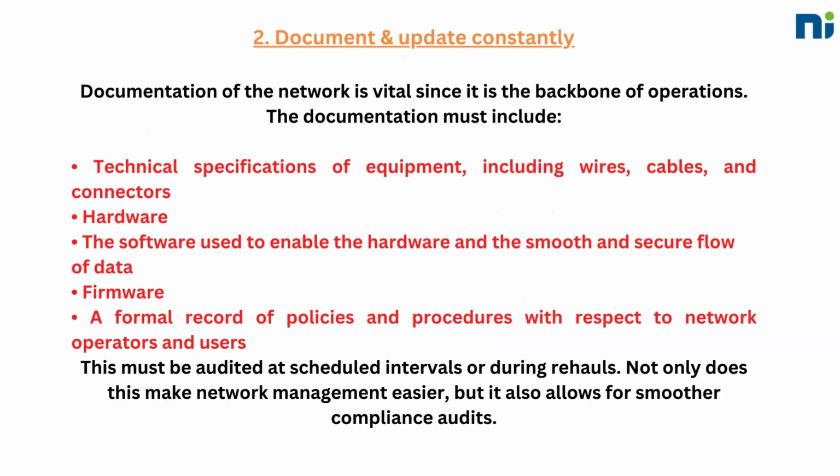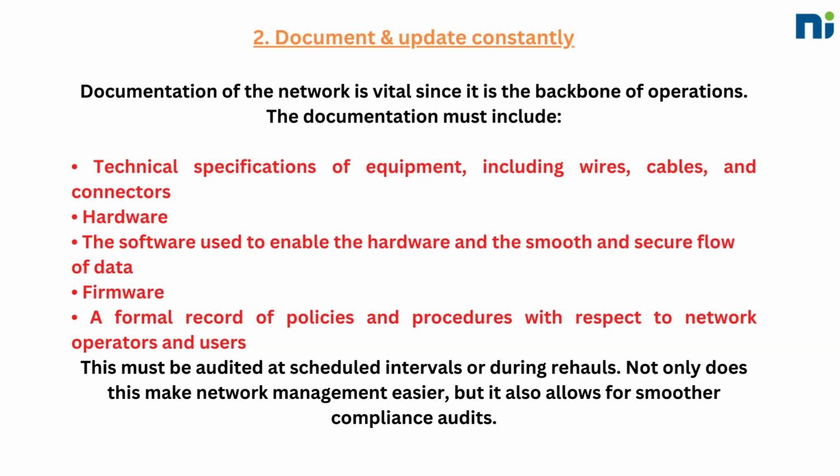Next. 2. Document and update constantly. Documentation of the network is vital since it is the backbone of operations. The documentation must include technical specifications of equipment, including wires, cables, and connectors. Hardware.